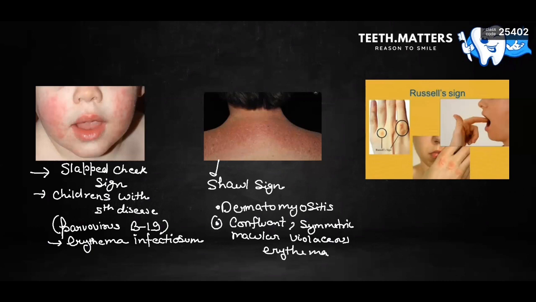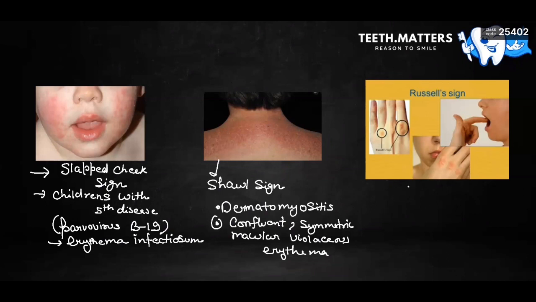Next sign is Russell sign. It is seen in bulimia nervosa, because these patients try to vomit out everything they have eaten. So in bulimia nervosa, owing to repeated contact of the incisor teeth with the skin during self-induced vomiting, when they self-induce vomiting the finger comes in contact with the incisor teeth.